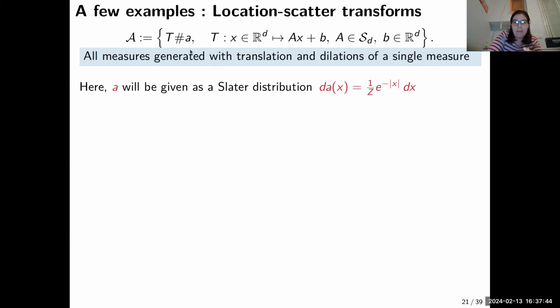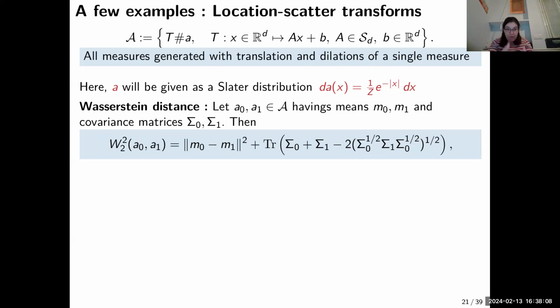Here, small a will be the Slater distribution function defined by means of this exponential minus absolute value of x. And this calligraphic A will be the set of all probability measures that you can compute out of translations and dilatations of this reference probability measure.